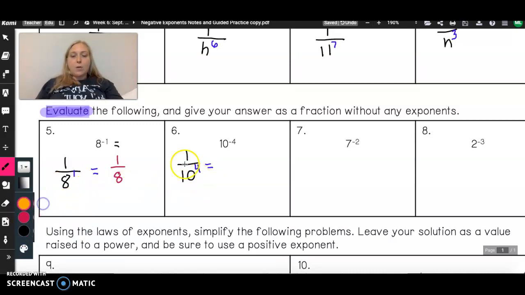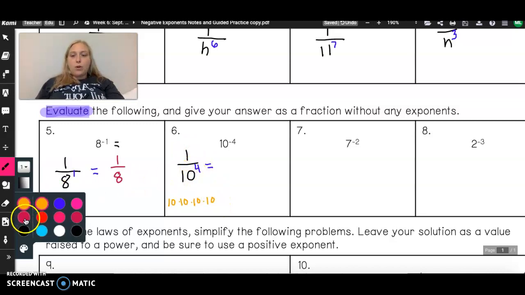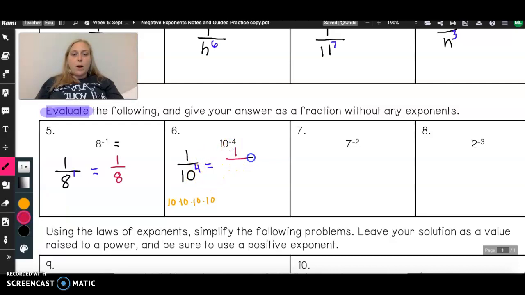Well, without the 1, we would still know that 10 to the 4th power is just 10 times 10 times 10 times 10. 10 times 10 is 100. 100 times 10 is 1,000. 1,000 times 10 is 10,000. So 1 over 10 to the 4th power in standard form would be 1 over 10,000.